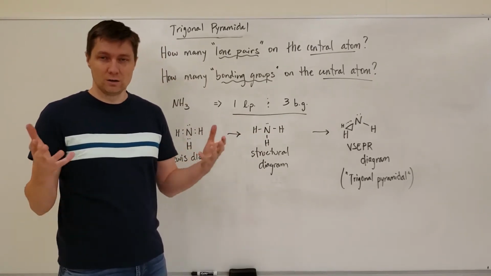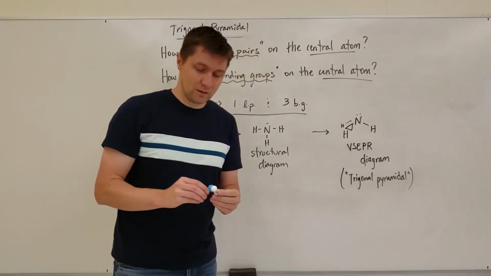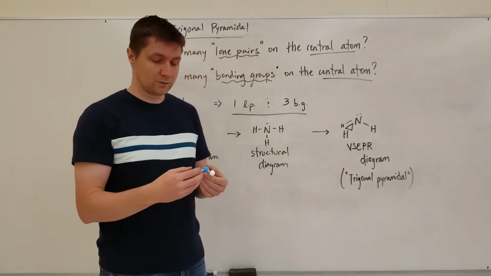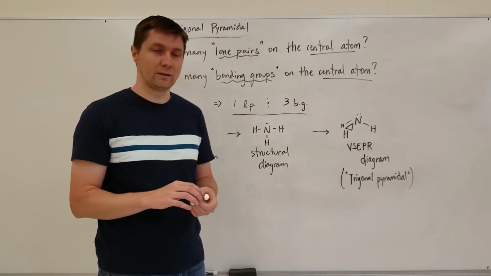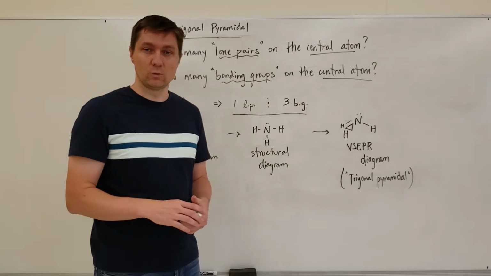So how do I draw a trigonal pyramidal shape? The thing that you have to realize about this is that now we're getting into shapes where these atoms are going to start to come in and out of the page a little bit. So we have to be able to draw that so that we can depict what that really looks like.